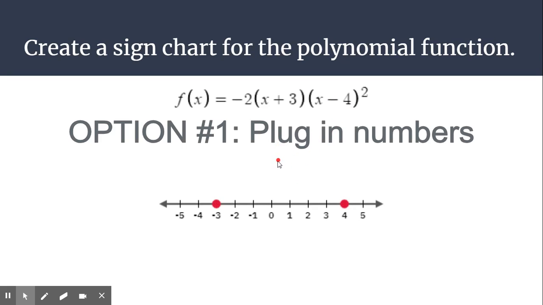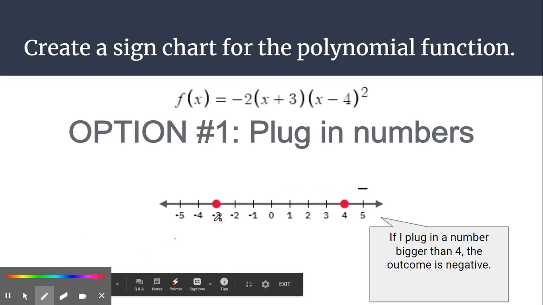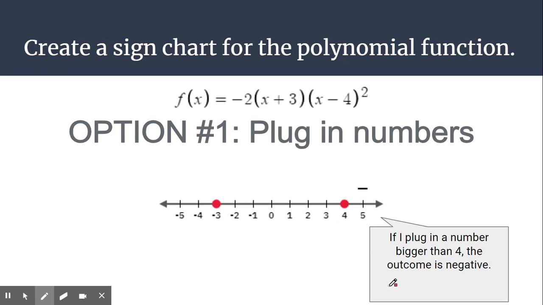From here, we are going to think about whether the intervals produce positive y values or negative y values. For example, if we look at this interval after 4, and we plug in a number that is bigger than 4, maybe 5.